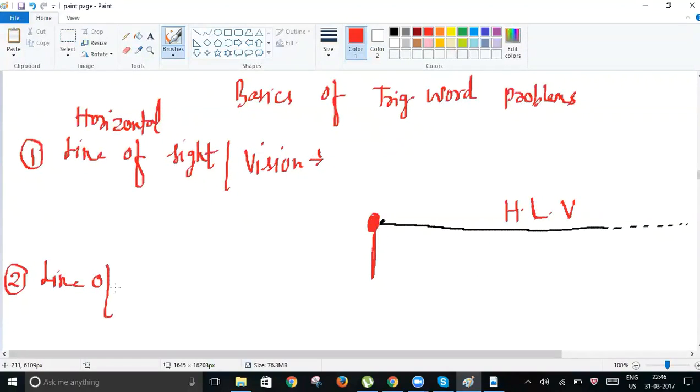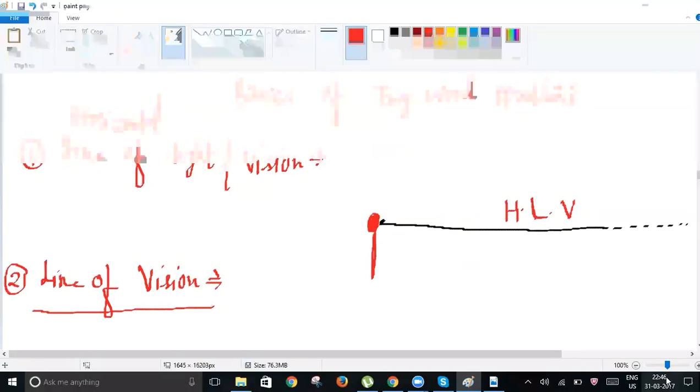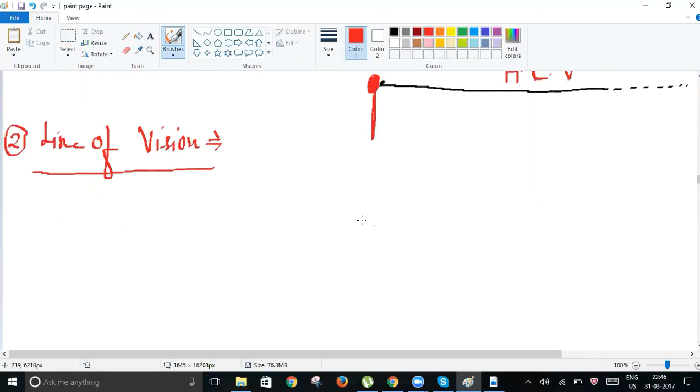We talk about the second thing, that is called line of vision. This is the second definition. Suppose you are standing at this point, and there is a bird sitting here.